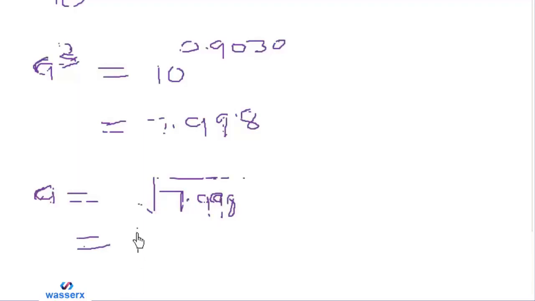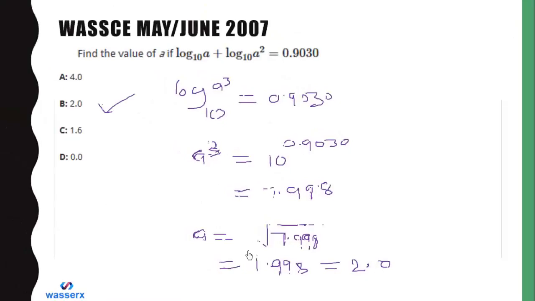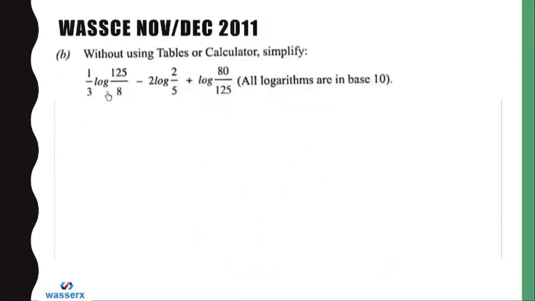This will give us 1.998, and to one decimal place we get 2.0. Sorry, this is supposed to be the cubic root. So a is 2.0.